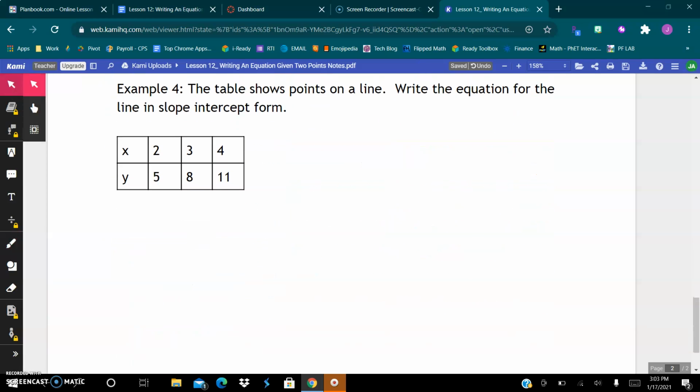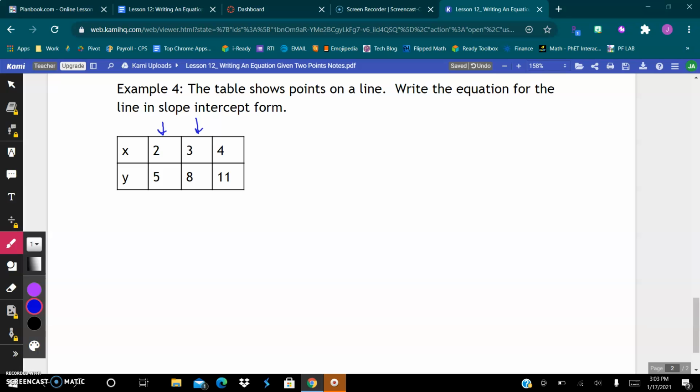And then our last one here gives us a table with 3 different points on the line, and it says write the equation in slope-intercept form for this line. So we have 3 points. We only need 2 of them. So I'm just going to pick the first one and the second one. Doesn't matter which 2 you pick, you're going to end up with the same equation.